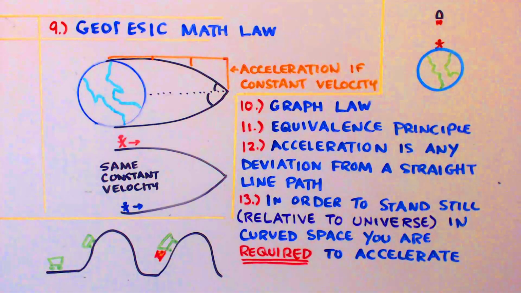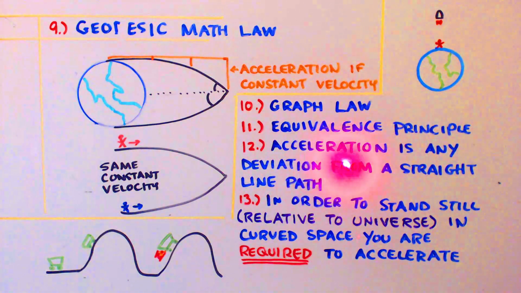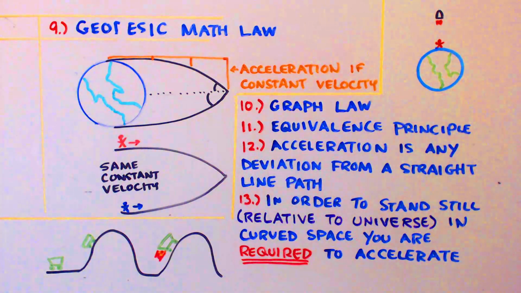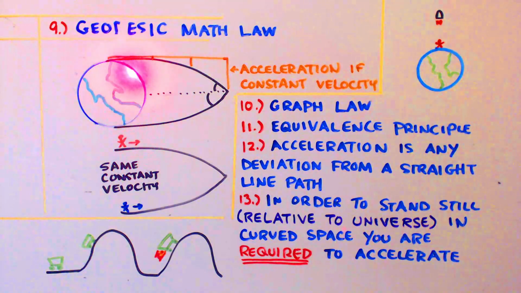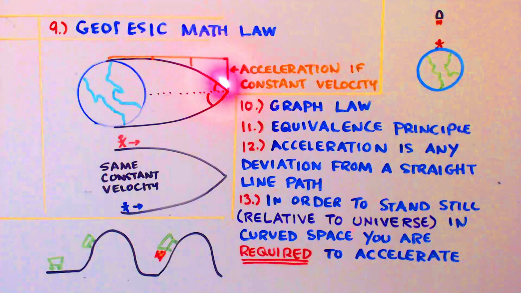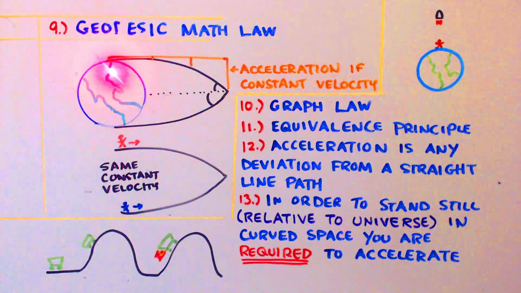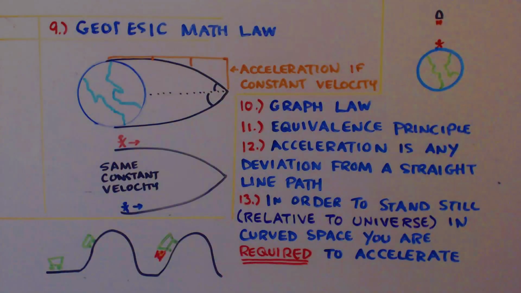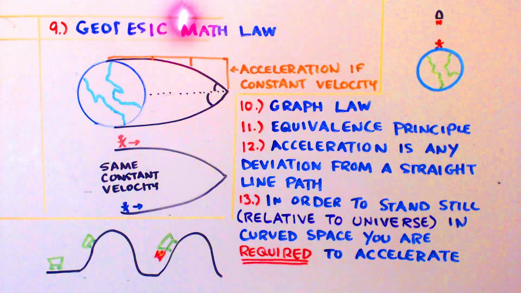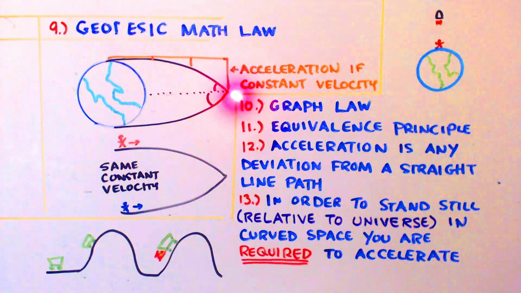Number 12, acceleration is any deviation from a straight line path. This is supposed to be our straight line path, yet you can see the North and South poles are deviating from their straight line path. That's the definition of acceleration. Earth is an accelerated frame of reference. Constantly changing your direction like this is a form of acceleration.